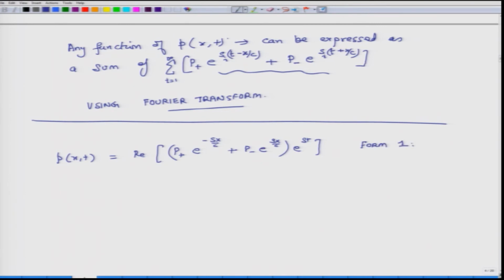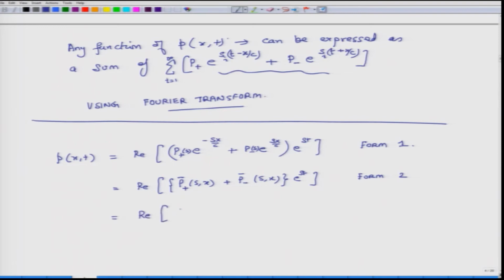I can write this transmission line equation in another form, and that is with p bars. So, these are functions of x and s. There is p plus bar and then there is p minus bar. So, this is form 2, and there is a third form also.